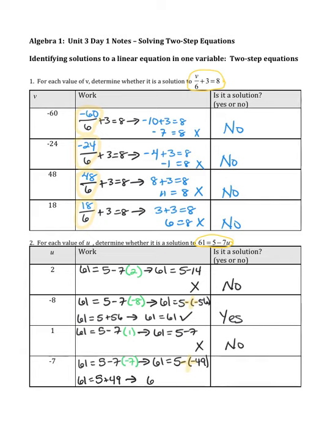That equals, 61 equals 54. That's another no. It's a lot of work. Well, I'm going to show you on the next page a better way to do this. I'm not going to do these same exact equations, but I'm going to show you how we can figure out a faster way to do it.